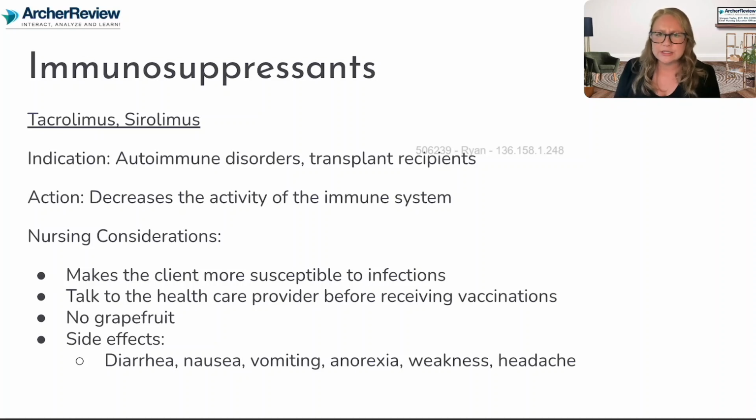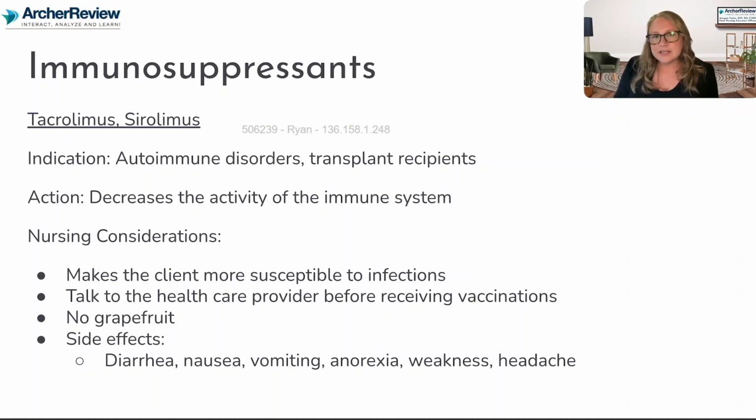A few things you need to know about these drugs. Obviously, the client's going to be more susceptible to infections. If we're dialing down their immune system and they come across some bacteria, I might be able to fight it off with my immune system, but they probably won't be able to. So they're going to be at really high risk for infections that most people wouldn't be susceptible to.